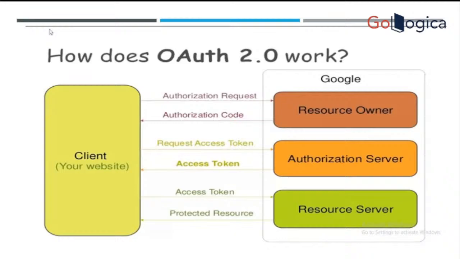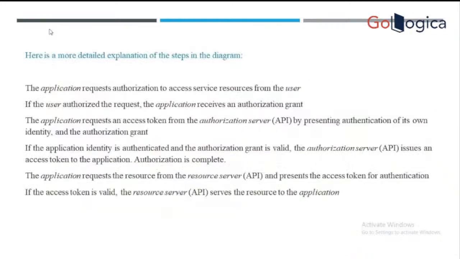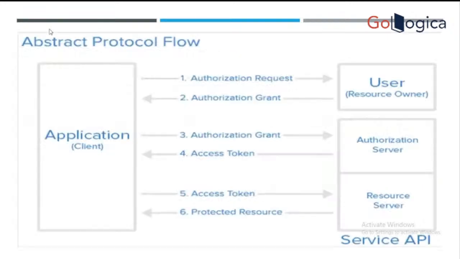Okay. Now there is one more thing which comes into the picture: grant type. Which grant type is supposed to work on the authorization server, and on behalf of this grant type, how the access token is supposed to be created or generated from the authorization server.